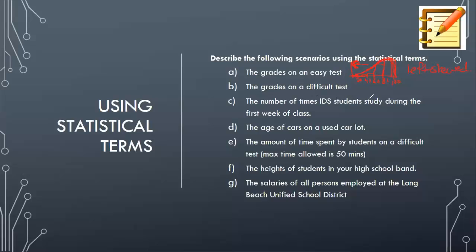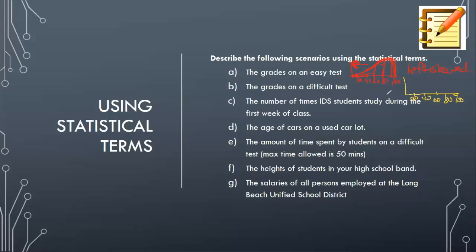So what about the grades on a difficult test? Same scenario, I have my test 60, 80, 100. The difference is now it's a difficult test. Where do you think most of the scores would end up being? If it's a harder test, the difficult test.